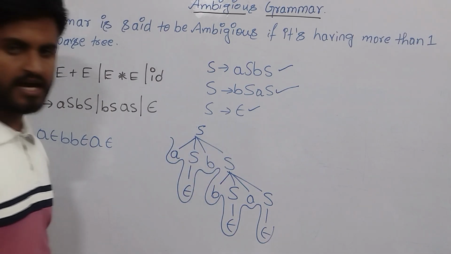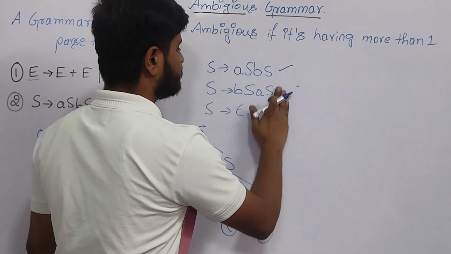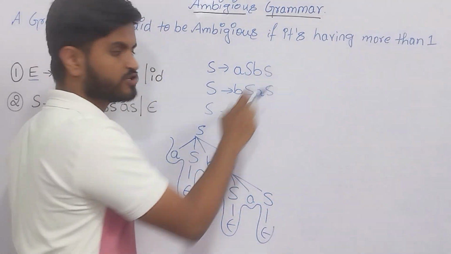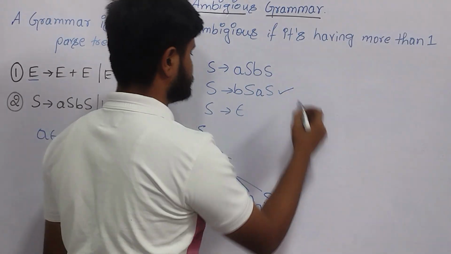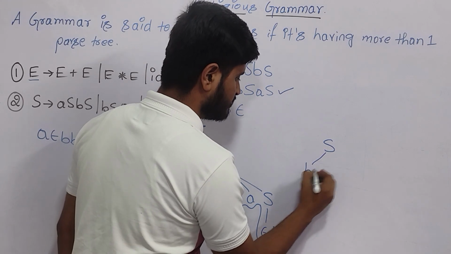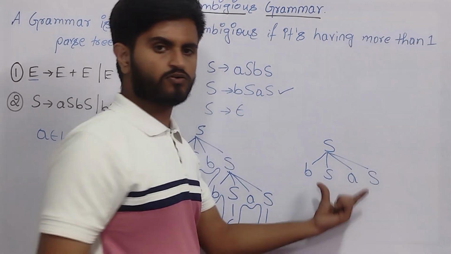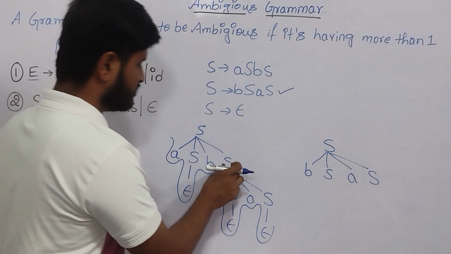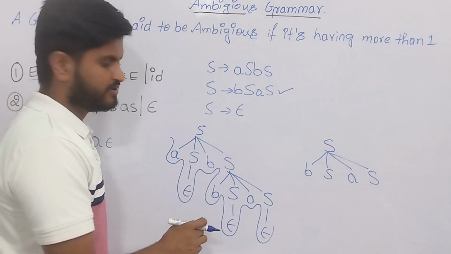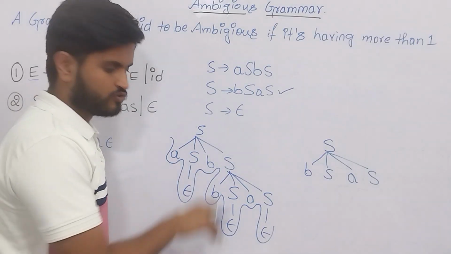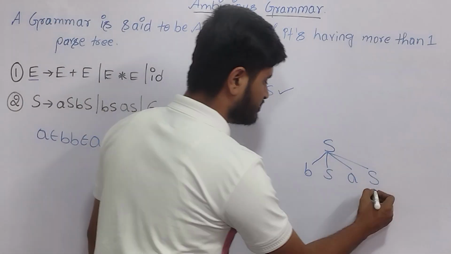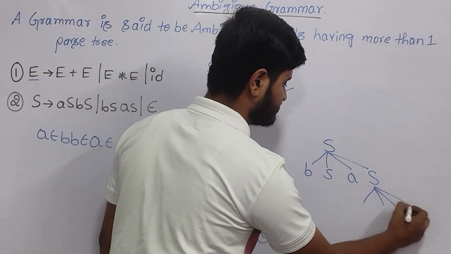Now let's build another tree. In the first tree I used this production first. Now I will use the other production first, S producing B S A S. You can only expand the capital letters. In the previous parse tree I used this S to expand, so here I will use the same position S to expand the tree.